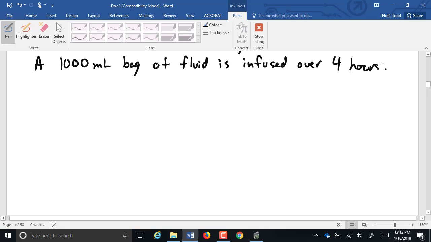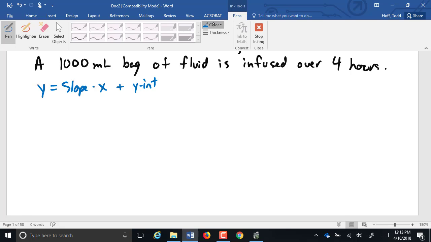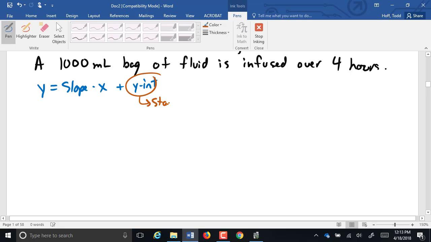We're going to look at the graph in just a second, but let's write the equation. First of all, y equals slope times x plus our y-intercept. Now remember that y-intercept is a starting value, or an initial value.